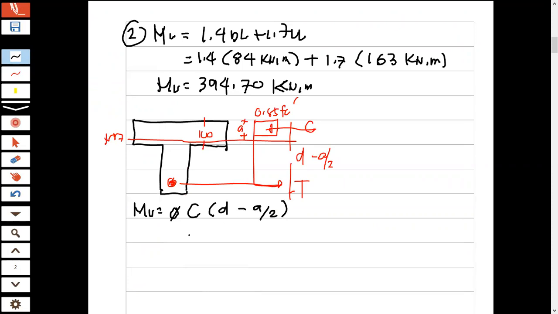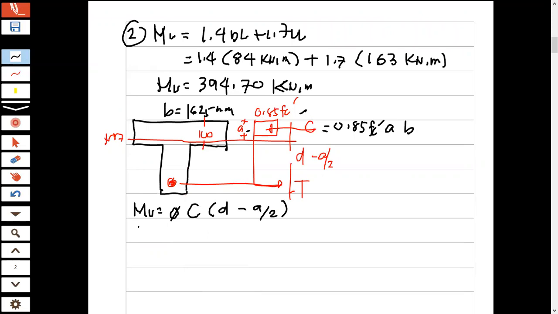Let us substitute. We know that C is just the volume of the concrete compressive block: 0.85 f'c times a times b, where b was computed earlier to be 1625 millimeters.